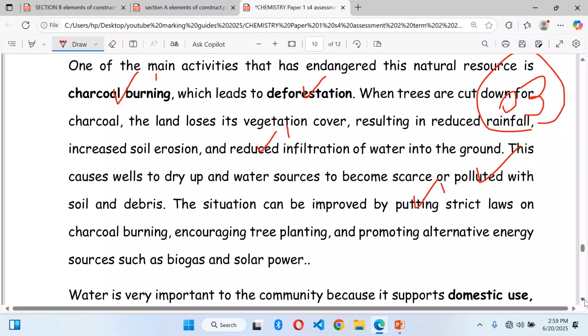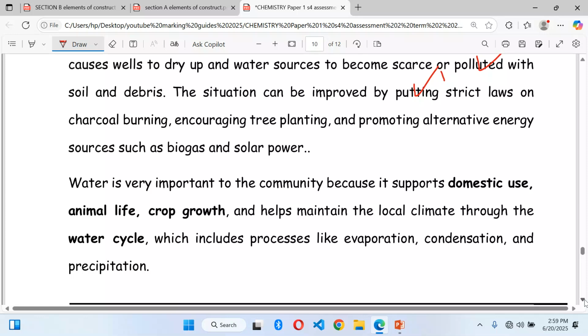Let's look at the last paragraph. This paragraph is talking about the importance of the natural resource. Which natural resource? The one you mentioned right from the first paragraph is the one we give the importance. So here it is water. Water is very important to the community because it supports domestic use, animal life, crop growth, and helps maintain local climate through the water cycle, which includes processes like evaporation, condensation, and precipitation.